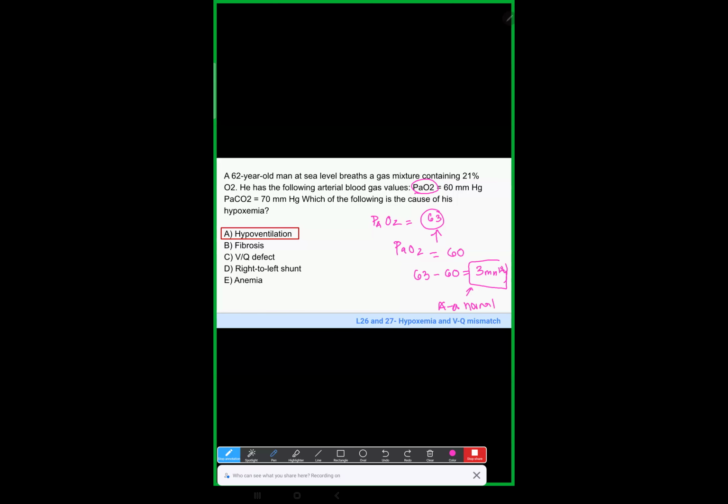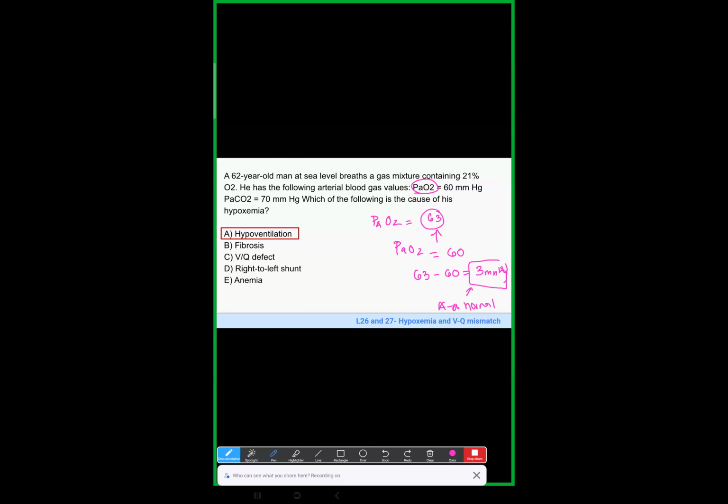Now, in these cases, hypoventilation is the only case in which the AA gradient is normal. And that's because when you have, for example, fibrosis, you would have a decrease in diffusion across. So the arterial oxygen pressure would be decreased, and therefore the AA gradient would be increased.